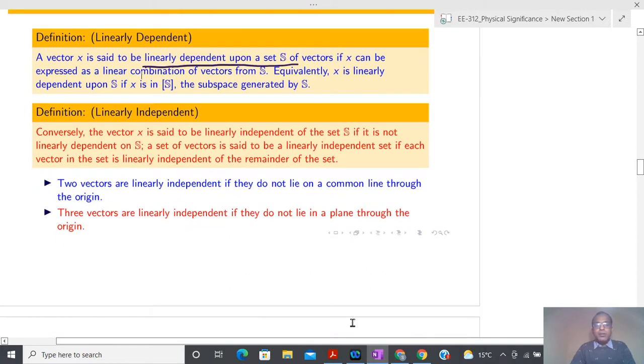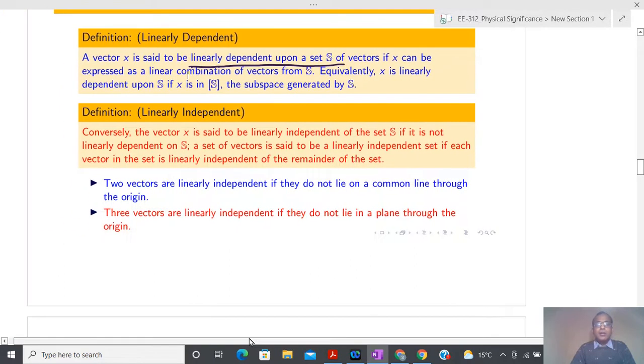Now let us see the definition of linearly independent. Conversely, the vector x is said to be linearly independent of the set S if it is not linearly dependent. Two vectors are linearly independent if they don't lie on a common line through the origin.